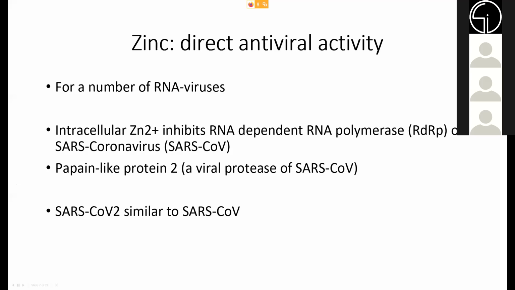So there are direct antiviral effects on these viruses. And since SARS-CoV-2 is very similar to SARS-CoV, it is very well possible that this direct antiviral activity applies also to the SARS-CoV-2 virus.